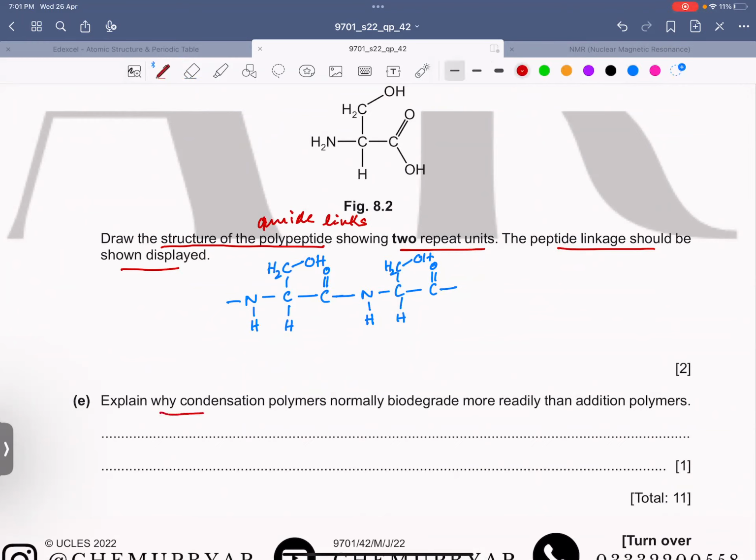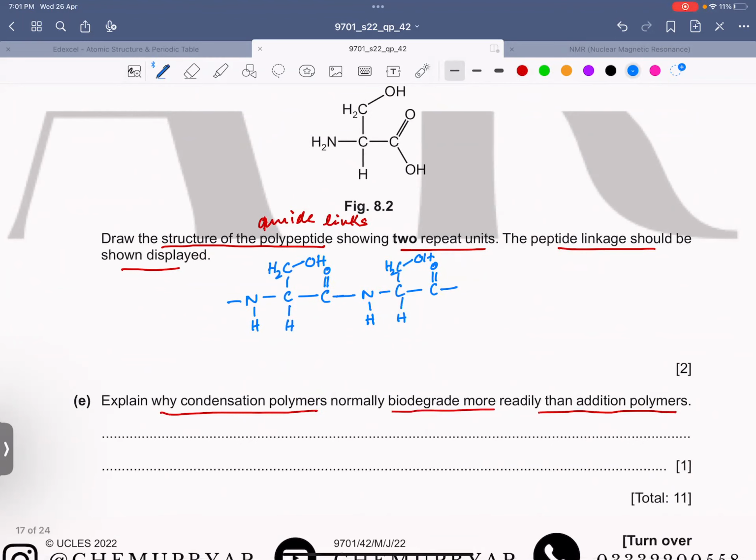Now, explain why condensation polymers are normally biodegradable more readily than addition polymers. If we make this the subject, I can write that condensation polymers can easily hydrolyze, because of the ester link or amide link, they can easily hydrolyze.